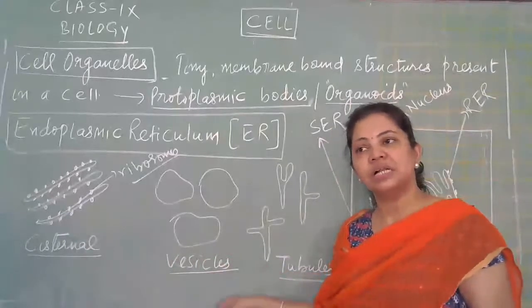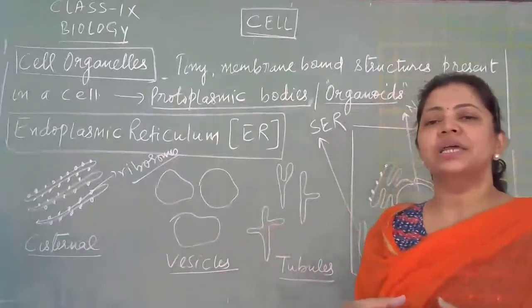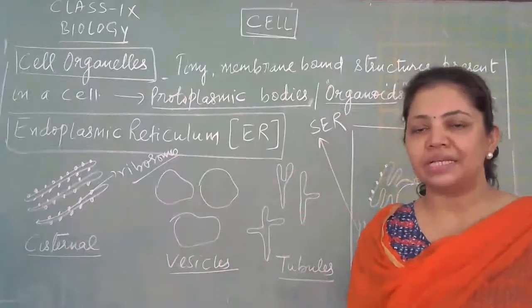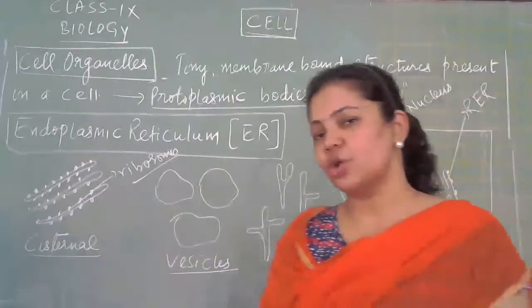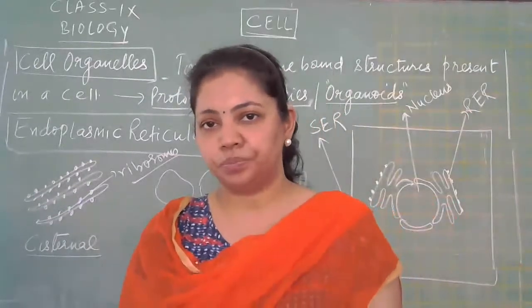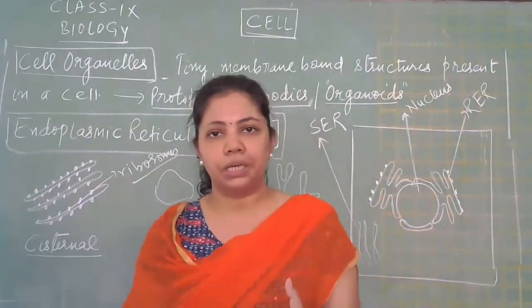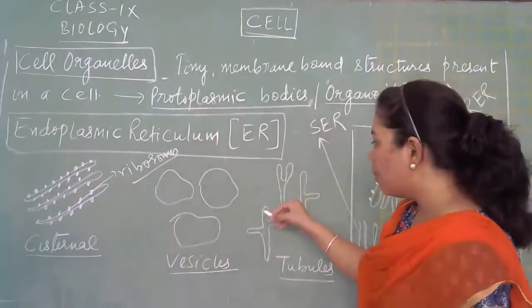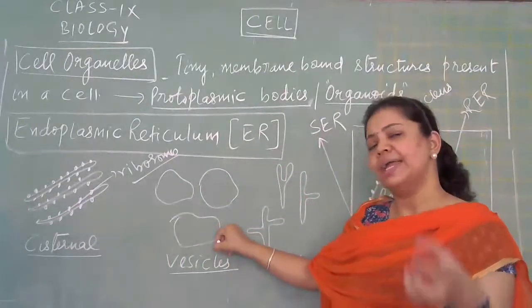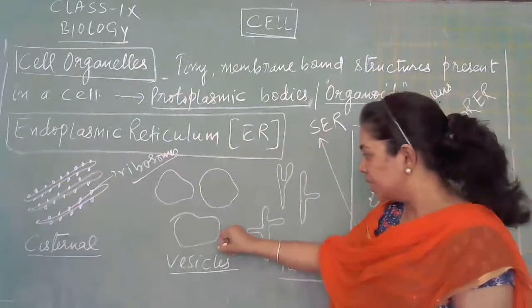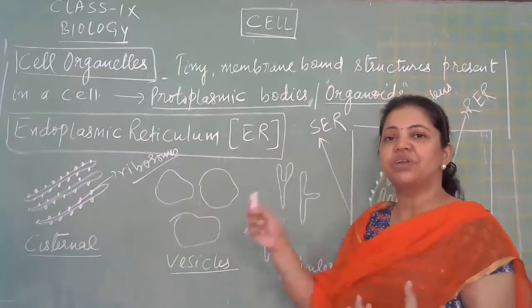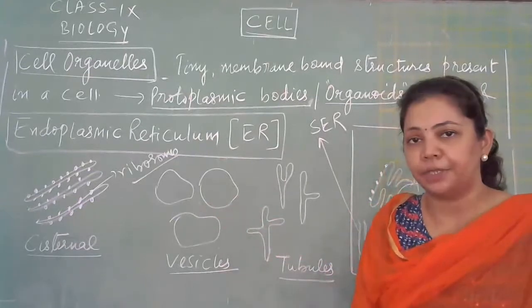What are vesicles? Vesicles are basically oblong bag-like structures. Oblong means which are not properly spherical. Oblong word का मतलब होता है जो properly round shape नहीं है. So these are oblong bag-like structures, and generally they contain secretory substances filled inside them.